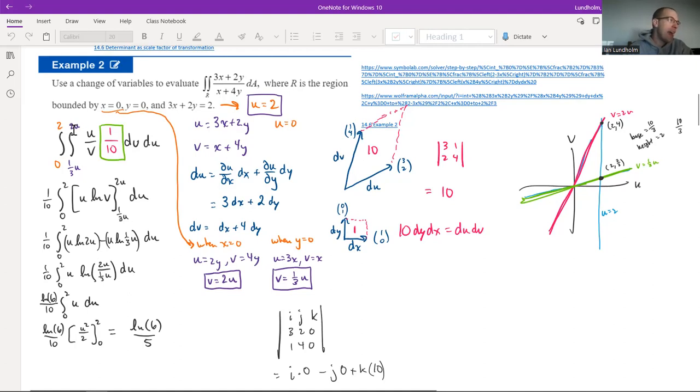Since we have the objective of changing this from a double integral with x's and y's into a double integral with u's and v's, what ends up showing up here as the Jacobian determinant is 1/10, because we could divide both sides of this equation by 10 and get dy dx is equal to 1/10 du dv. And so this factor of 1/10 shows up here.